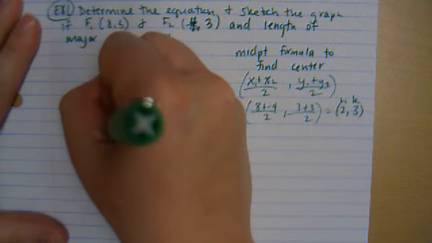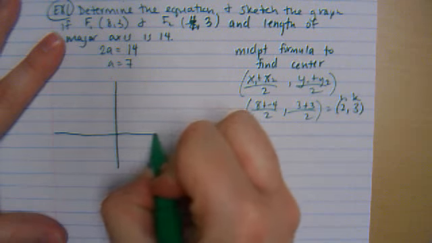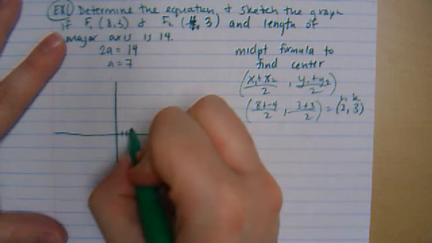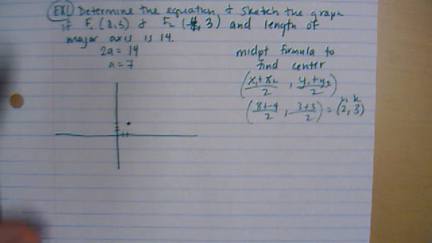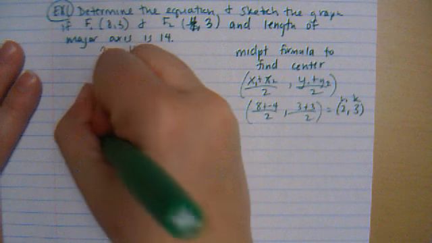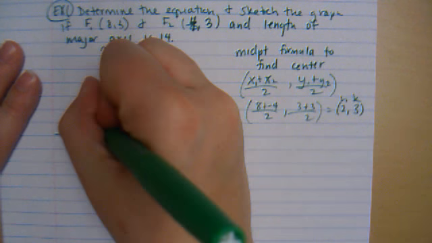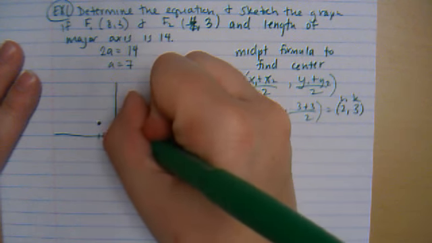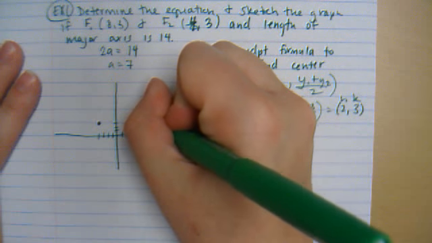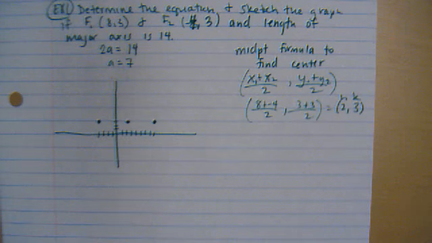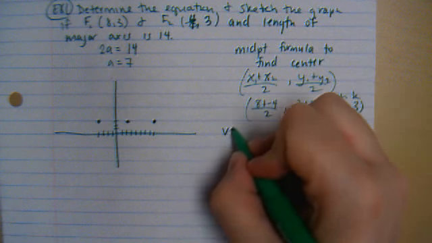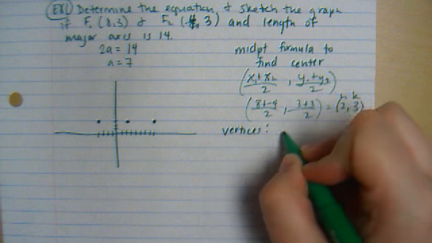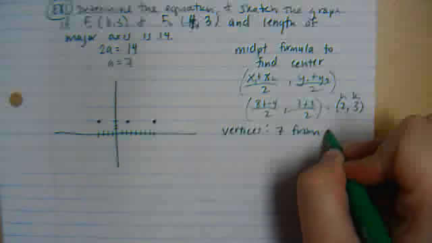Okay, so let's go ahead and sketch what we know. We know the center is at (2, 3). I know my foci are at (-4, 3) and (8, 3). Okay, so there's my foci. Now, the distance to the vertices, remember from yesterday, is 7 each way from the center.